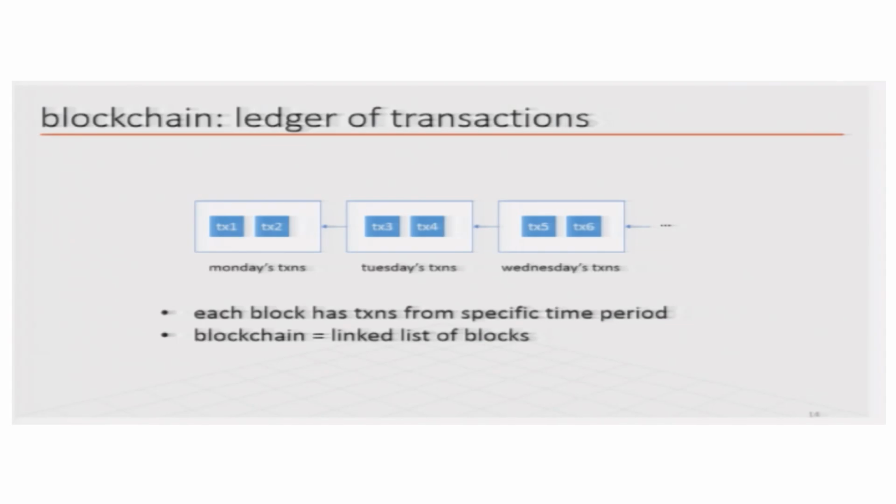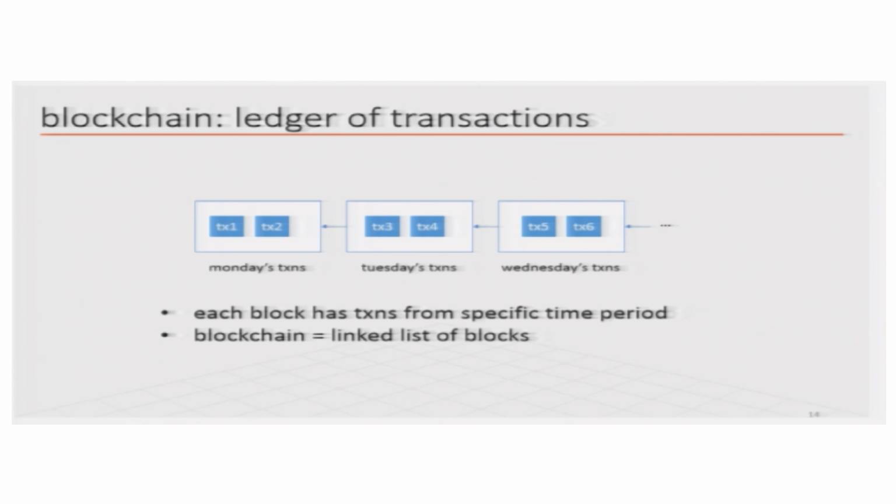So now, how do you decide how much of a time window you have to wait until you put the transactions in a block? It could be on a daily basis, every 1 hour, every 10 minutes, or some other criteria by which you decide when it is time to put all the transactions that you have seen into a block.